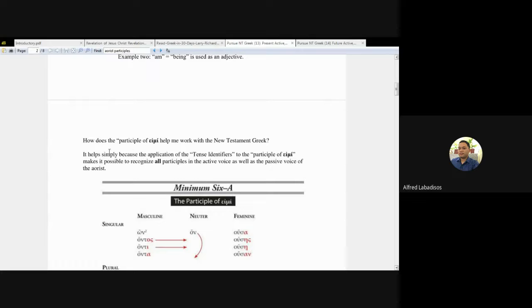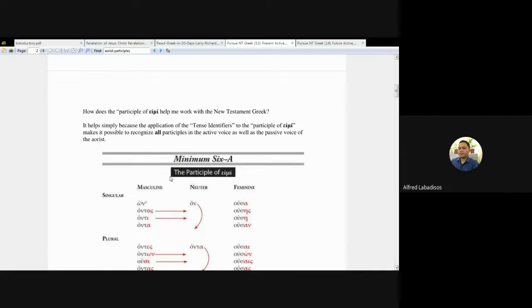So you have to memorize the endings of the participle of eimi, because they form the foundation of all participles in all tenses. So you have to memorize them.